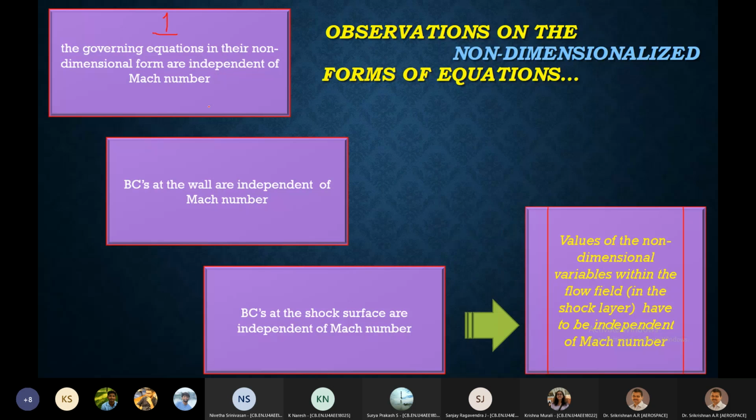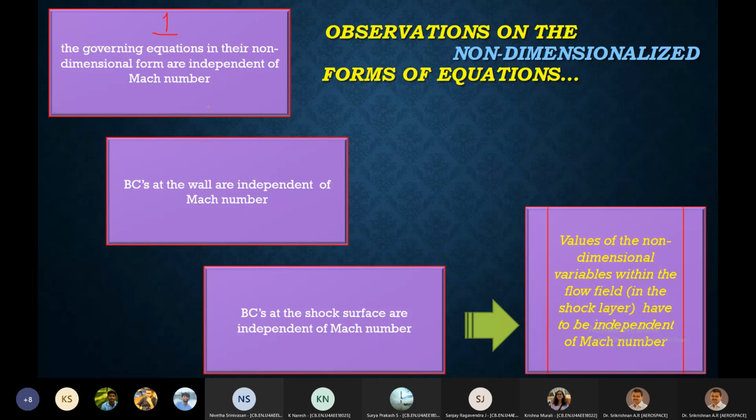That is, in the boundary conditions, when we non-dimensionalize them using these parameters, we see that the resulting set of boundary conditions do not have Mach number in them, or they are all independent of Mach number.